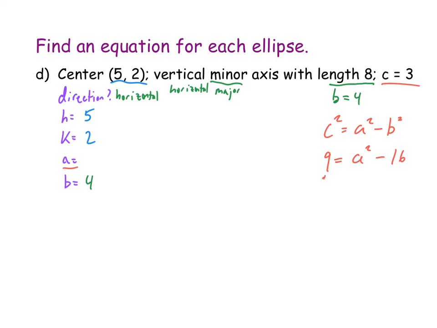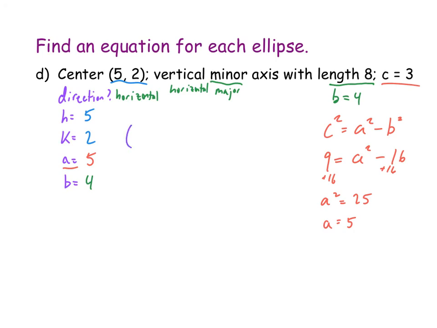Add 16 to both sides. So A squared equals 25. And so A must be 5. All right. So now we know everything that we need to know.